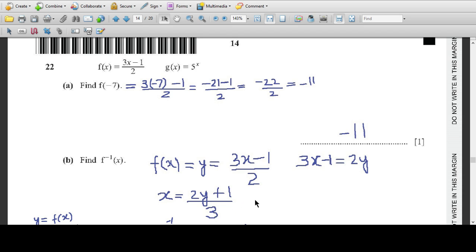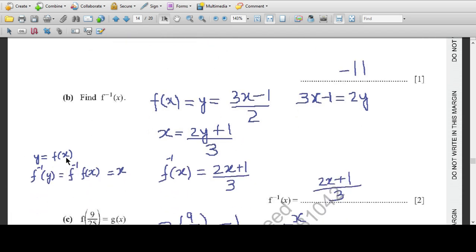So we know that y is equal to f(x), so taking f inverse on both sides, this becomes f inverse of y, and f inverse f is equal to x. So x is equal to f inverse of y.